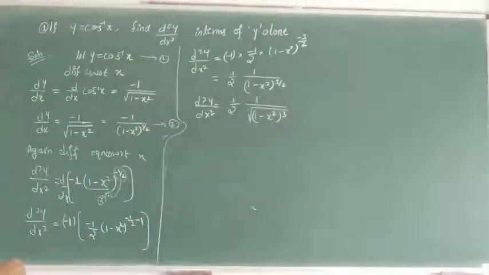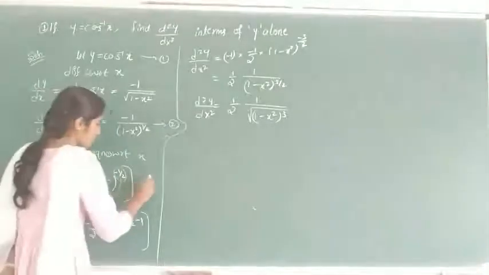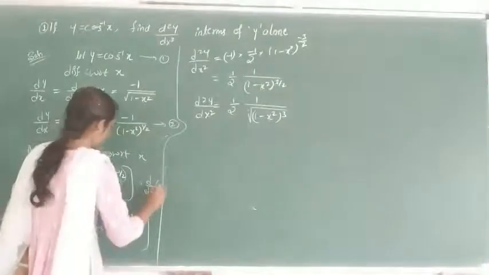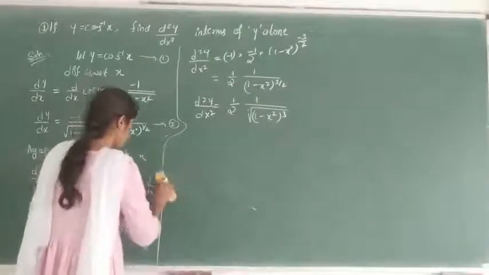And again we have to differentiate 1 minus x square, so that will be minus 2x. Here we missed differentiating this, that is d by dx of 1 minus x square. We should not miss that.